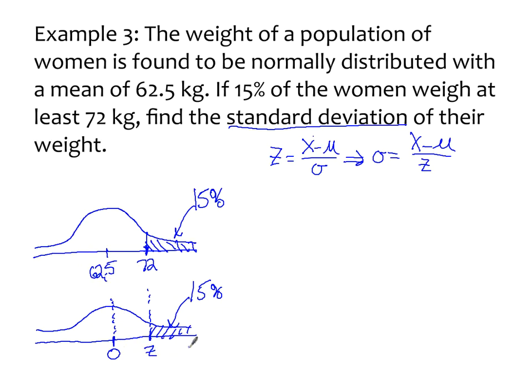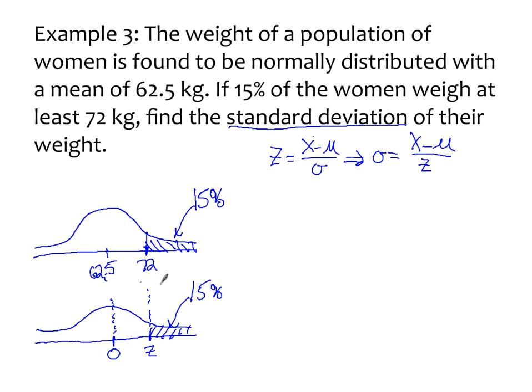Remember, the z-score in a standard normal is the number of standard deviations away from the mean. Why? Because the standard deviation is 1 in the standard normal. So whatever z is, that's how many standard deviations we are from the mean. If z is equal to 1 and the standard deviation is 1, we're 1 standard deviation away from the mean. If z is 2, we're 2 standard deviations away. If z is negative 1/2, then we are negative 1/2 standard deviations from the mean.